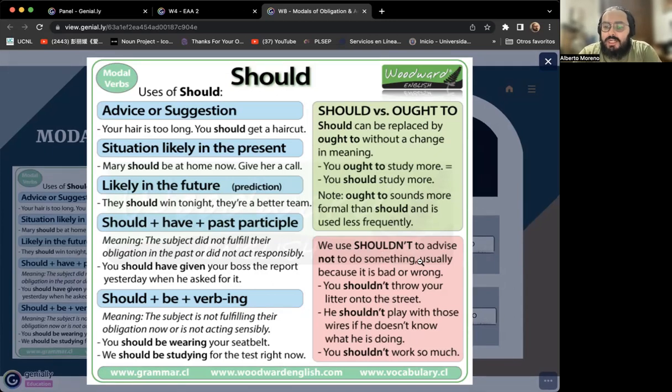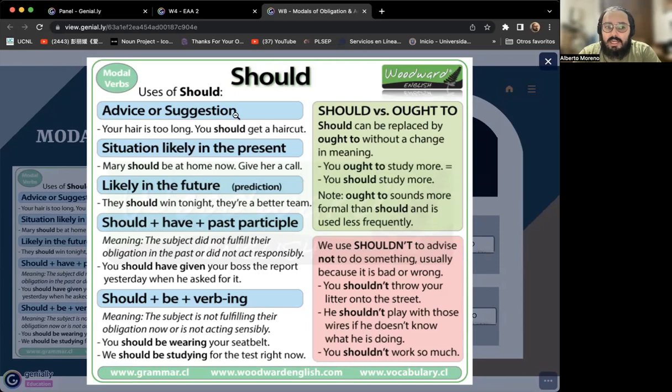Now, we use shouldn't to advise not to do something, especially because it's bad or is wrong. For example, you shouldn't throw your litter onto the street, or he shouldn't play with those wires if he doesn't know what he is doing, or you shouldn't work so much.